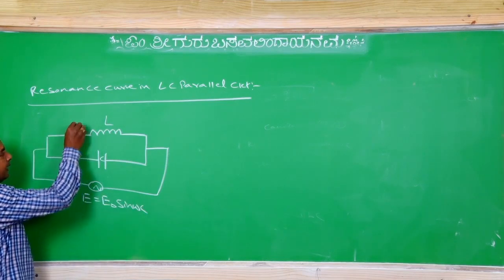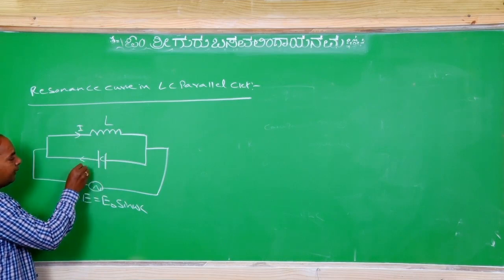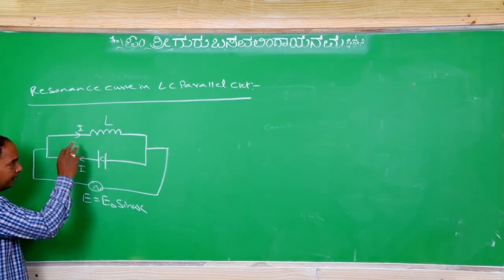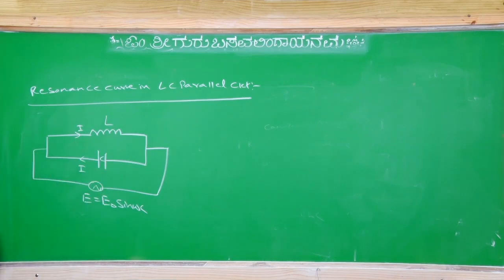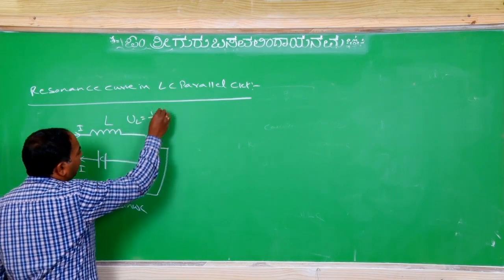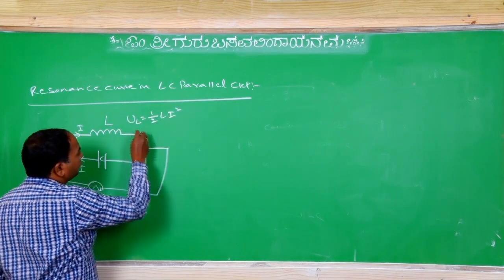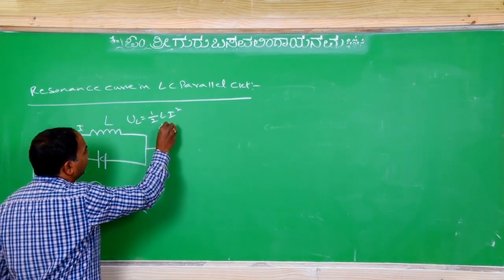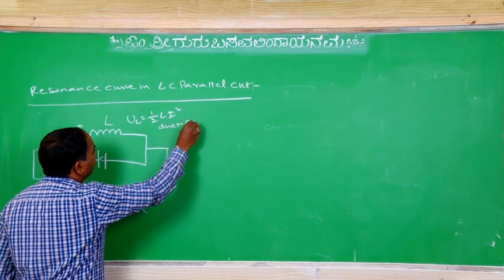Already we know the current is flowing from inductor to capacitor as well as capacitor to inductor. Across the inductor, what happened? The energy is given by half Li square, that is due to the magnetic field.